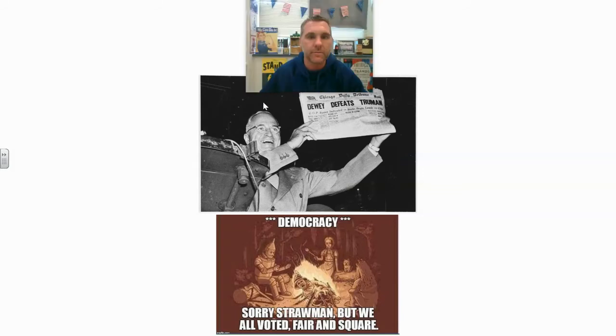I've got two slides here. This is a great picture showing what happened with the election of, I think it's 1944, if I'm not mistaken. Maybe it's 48. But when Dewey defeats Truman is what it says, but ultimately Truman wins. And this is because the people who did the poll, if you remember this from history, they only called people on the phone.